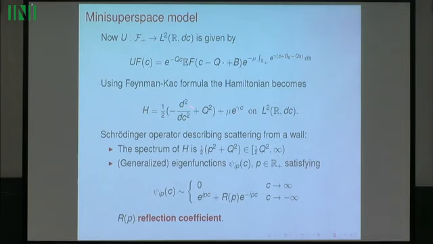There's a Laplacian in the c, second derivative, and then from the Liouville term you get the exponential interaction. So the Hamiltonian is a Schrödinger operator describing scattering from a wall potential. This potential goes to infinity at plus infinity, and goes to 0 at minus infinity. So you feel no potential at minus infinity in c, and you are completely dead at plus infinity. Okay.